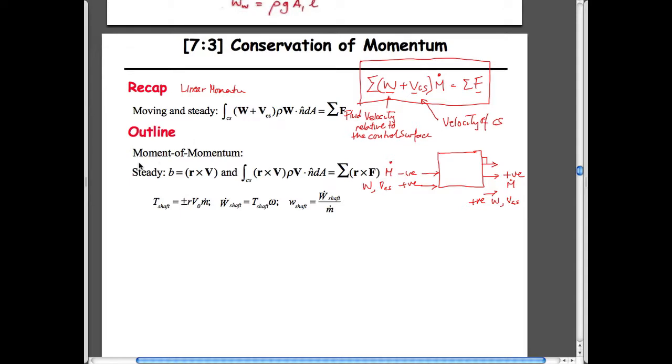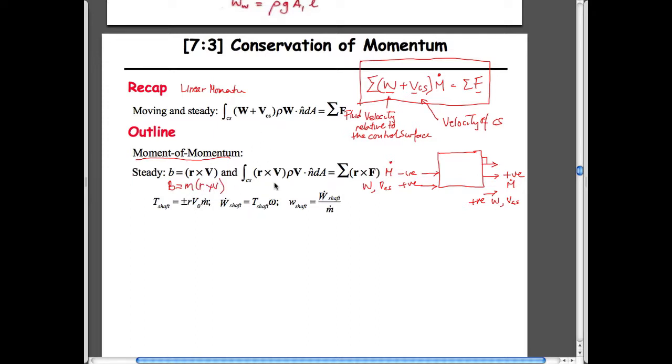And now we need to talk about moment of momentum, so rotational momentum. And it's really quite straightforward. I'm not going to go back to Reynolds' transport theorem, but I will make the case that this is our fundamental expression for linear momentum. What we did was substitute in a value for this intensive property and the extensive property, which was equal to just the mass multiplied by these two values.